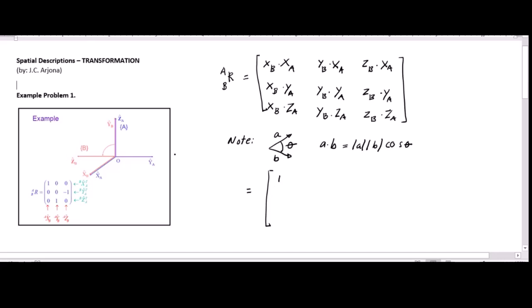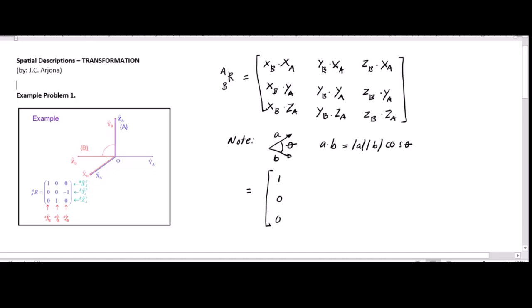Now XB dot YA, this is your XB and this is your YA, it is 90 degrees. All vectors with an included angle of 90 degrees give 0. So this is 0, and XB dot ZA is also 90 degrees, so it is 0.